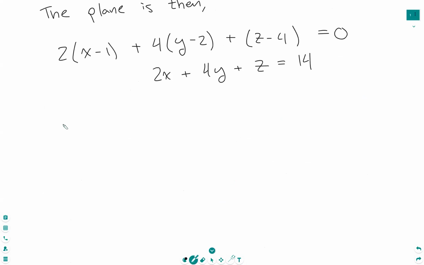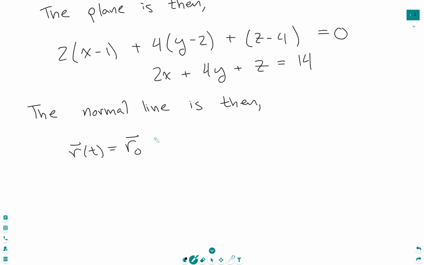Okay, so now we're still not done. We still need to find the normal line. We know that the normal line is in the direction of the gradient at that point. We could write it in terms of the symmetric equations, but let's write it in terms of the parametric equations here so we get another idea of what's happening.